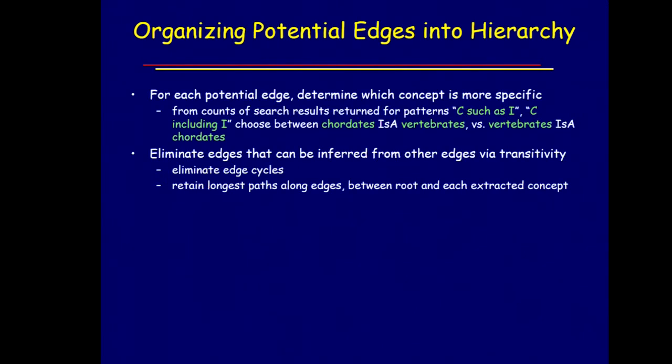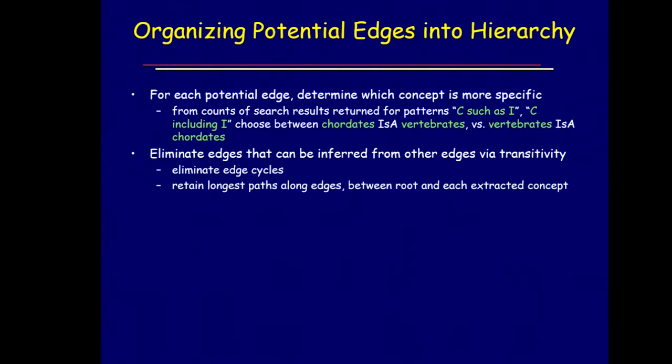To organize into a hierarchy, first they will just quickly and loosely decide which direction may apply given a pair of concepts in this candidate hierarchy. If you have something like chordates and vertebrates, these are two nodes, one of the sides in the many ISA pairs that they have extracted by now. Chordates and vertebrates are hypernyms or hyponyms in some of these extracted ISA relations that are supposed to be correct.